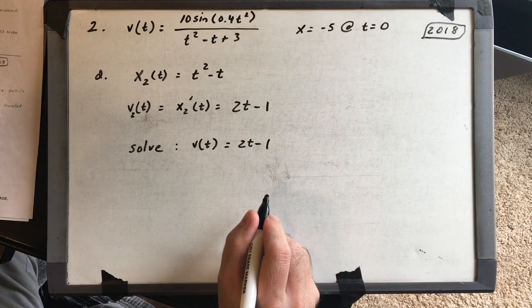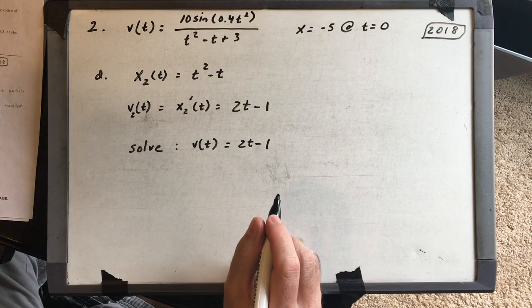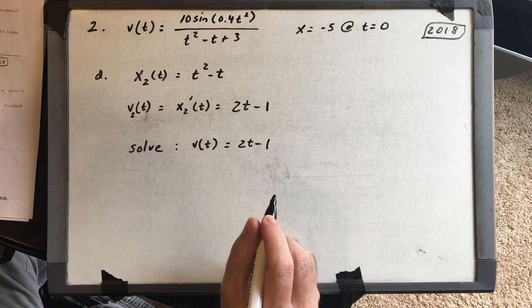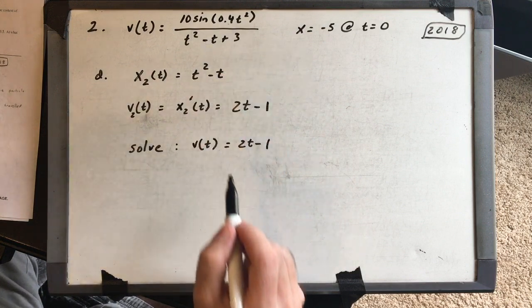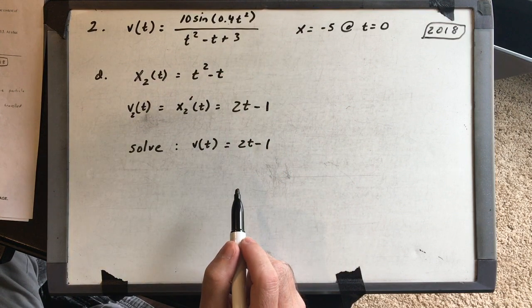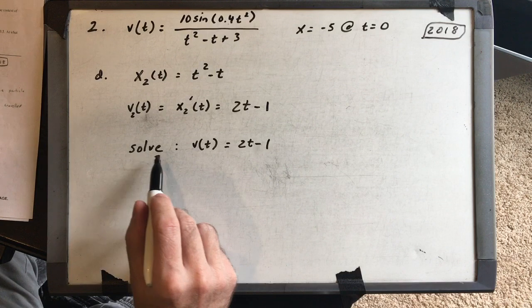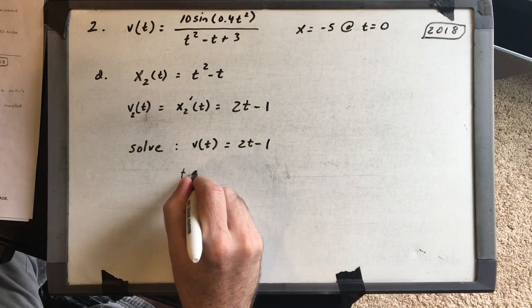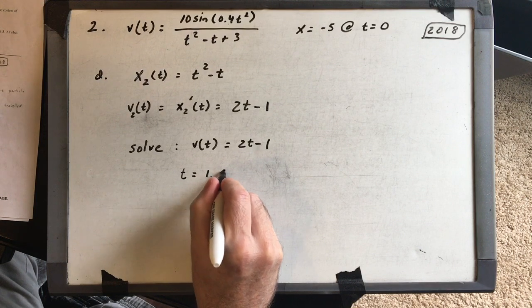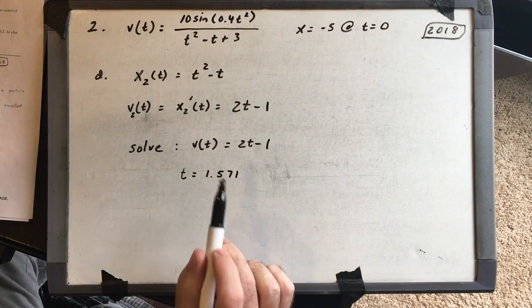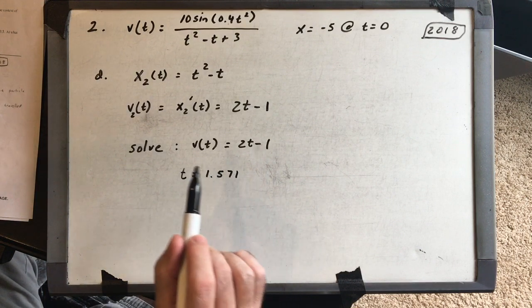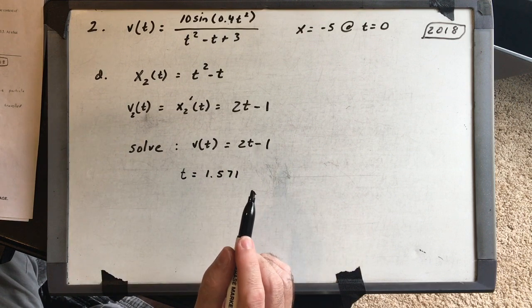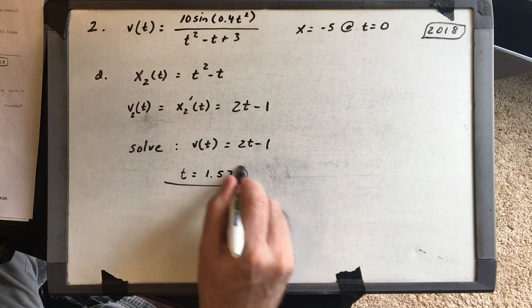And give the answer that occurs between 0 and 3.5. You could also graph both of them and see where they cross. But I think just using the solve function would be easier. And that's going to be t is equal to 1.571. But it's also fine to graph and use the intersection function to see where they intersect.